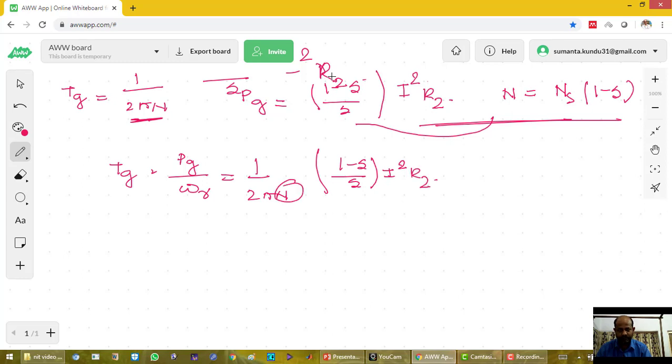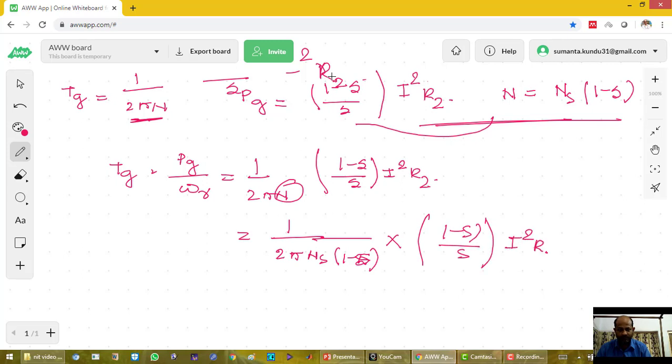Now we put the value of N equals Ns into (1 minus s). So if we put the value here, 1 by 2 pi Ns into (1 minus s), into (1 minus s) by s into I2 square R2. So (1 minus s) cancels, and it becomes 1 by 2 pi Ns into I2 square R2 by s.